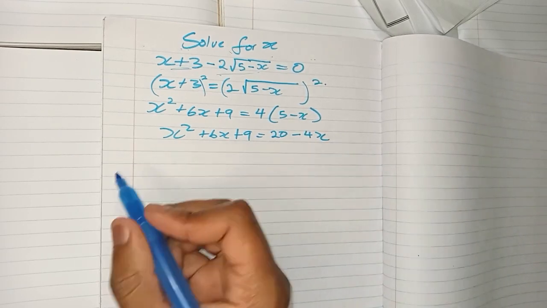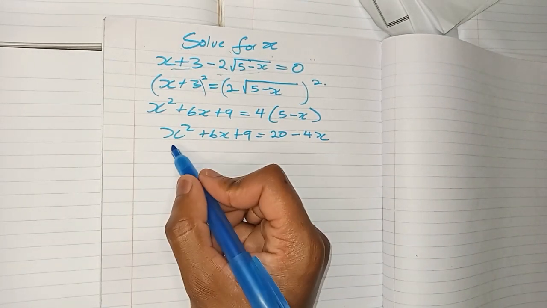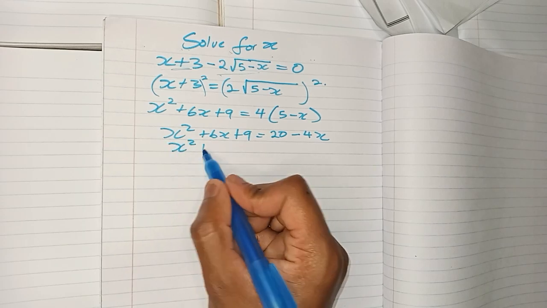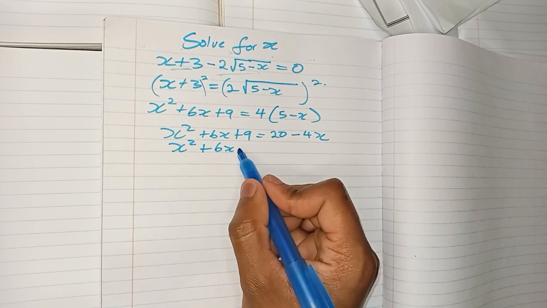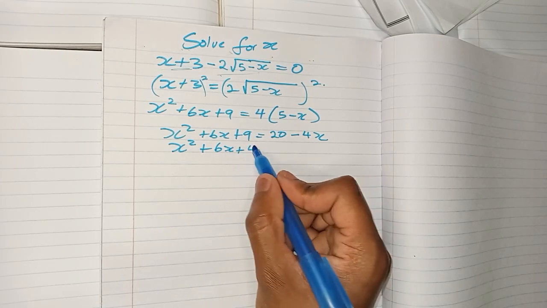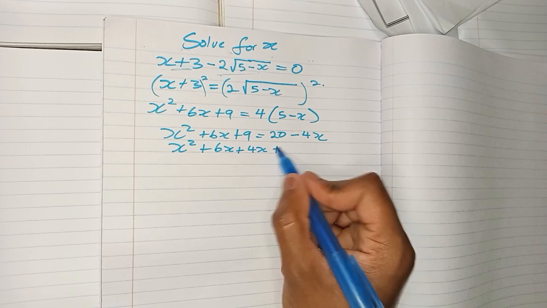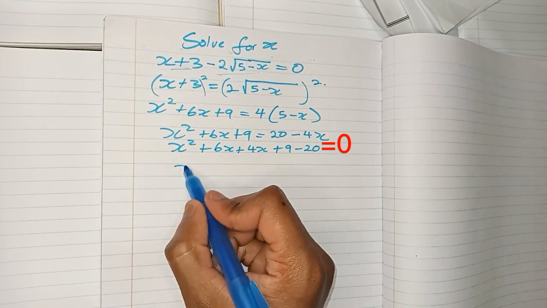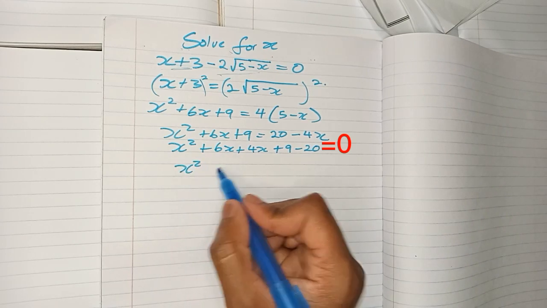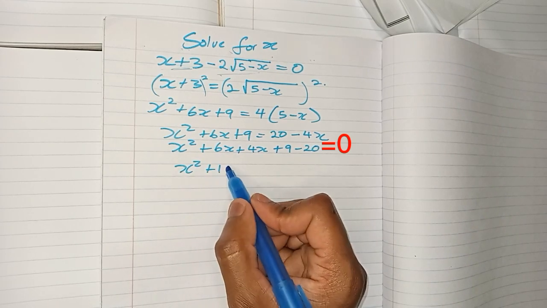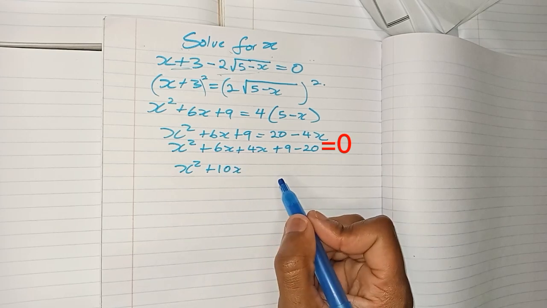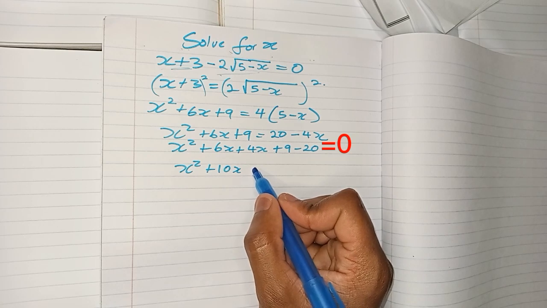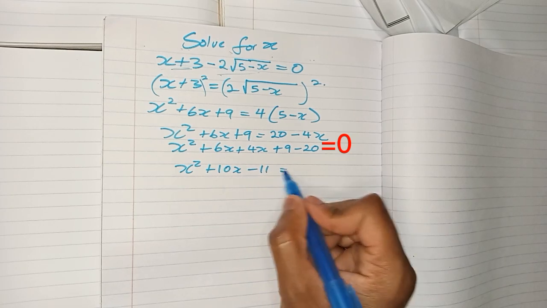So now like terms to one side, right? x squared plus 6x plus 4x plus 9 minus 20. Let's see if it works out, guys. Okay, this is going to be plus 10x, and then 20 minus 9 is 11, so we're simply going to say minus 11 is equal to 0.